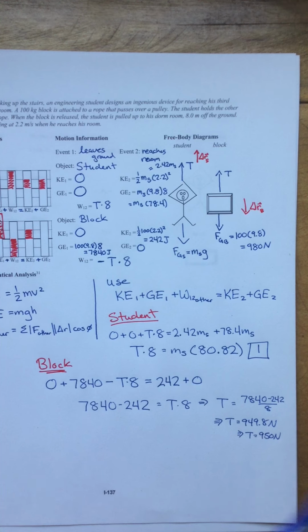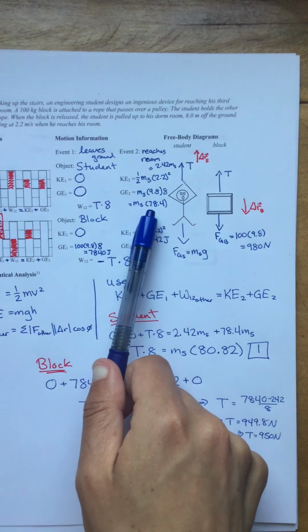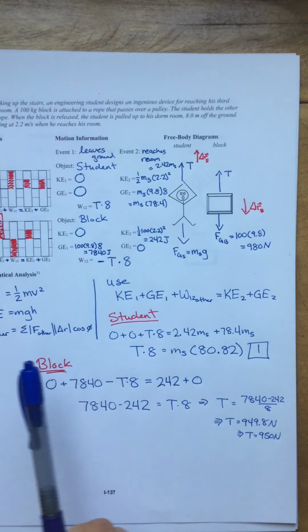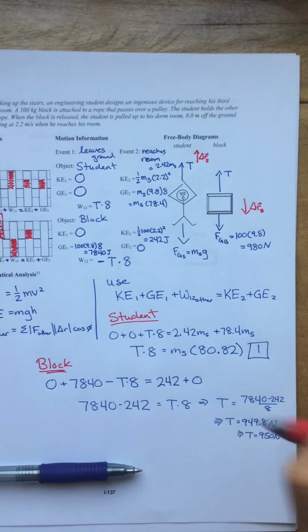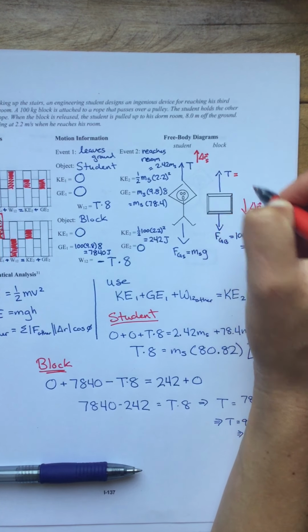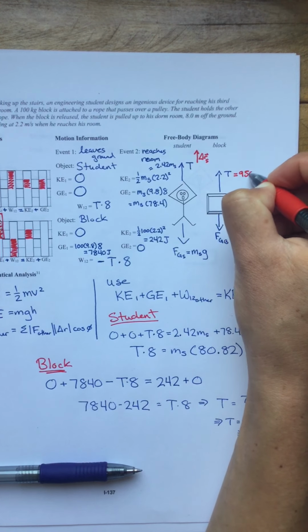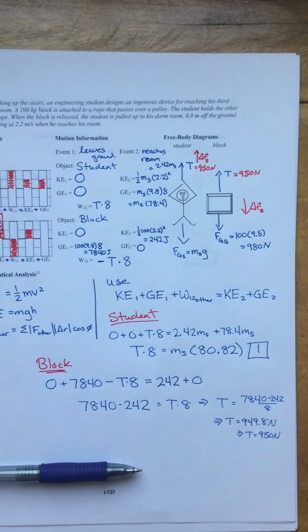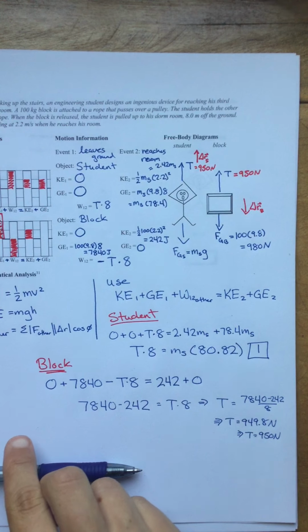Or you could do this. Use the definitions to fill out your table, and after doing that, find all the unknowns. So we're going to have to find tension and the mass of the student. I'm going to put the 950 up here so that I know that I found it.